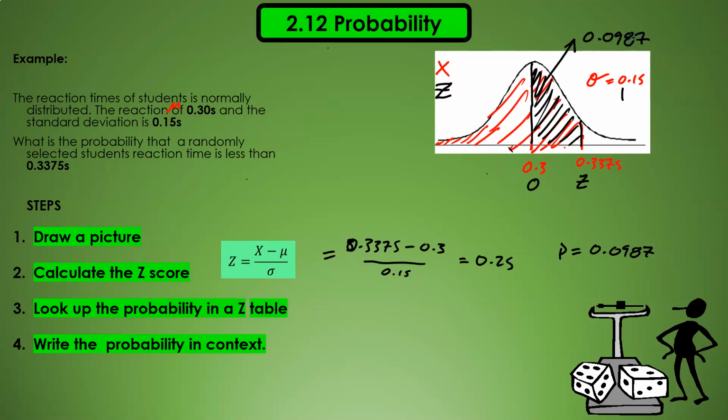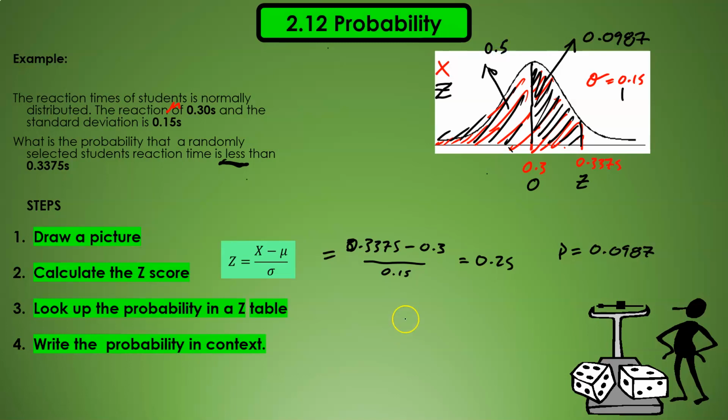For our final answer, that would be okay if we were asking what is the probability that it's between 0.3 and 0.3375. But because it's asking what is the probability the time is less than that number, we have to include this area as well, which is 0.5.